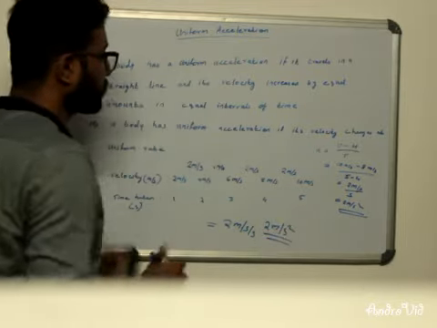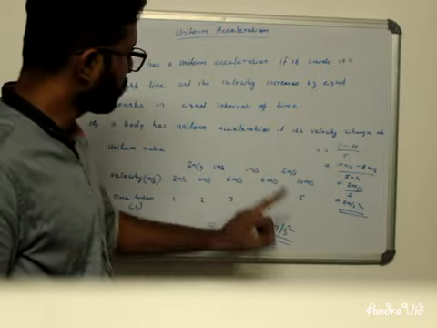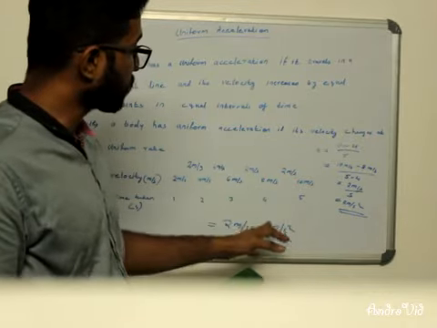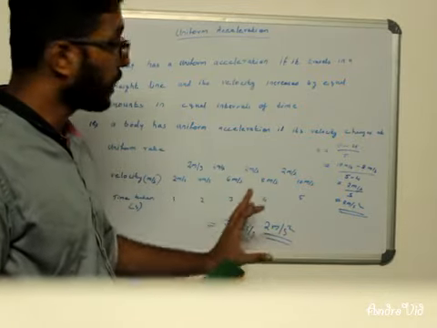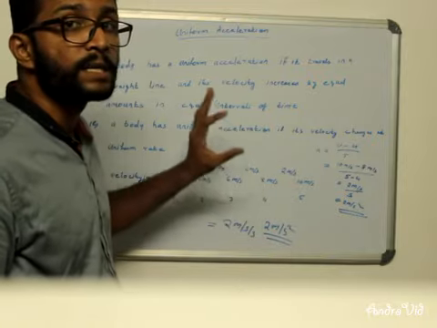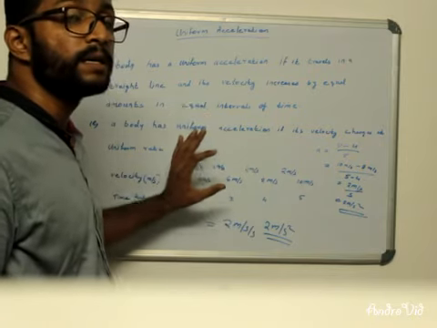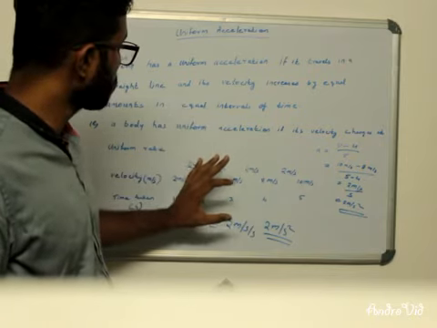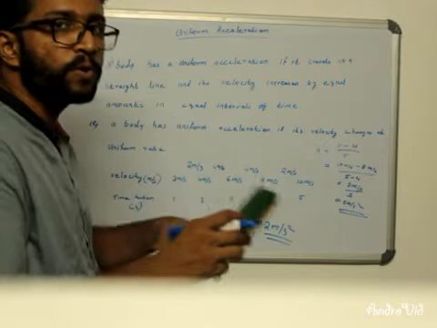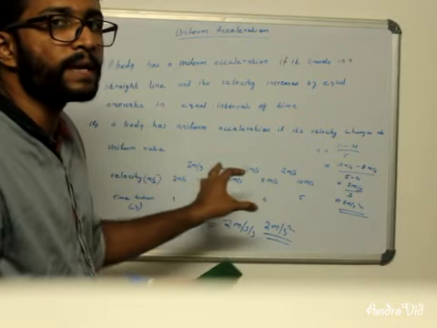In every 1 second there is a change in velocity of 2 meter per second, and it is constant, so that we can say it is uniform acceleration. In every 1 second acceleration is there. Okay, so uniformly it is changing. So there is a uniform acceleration.